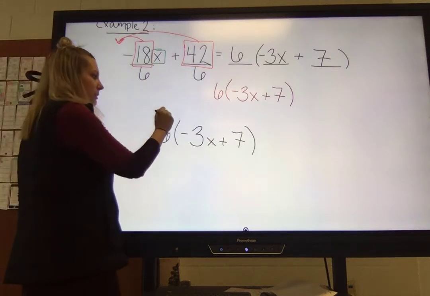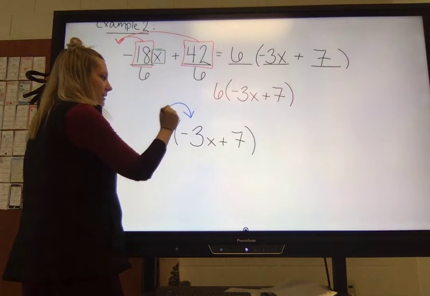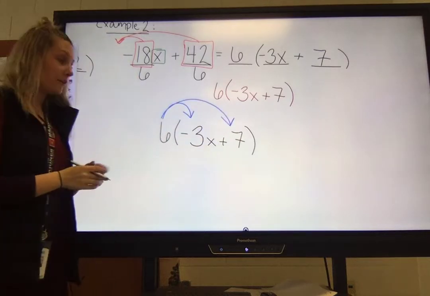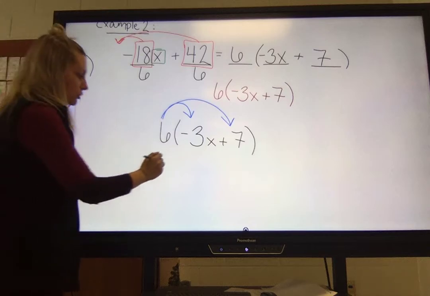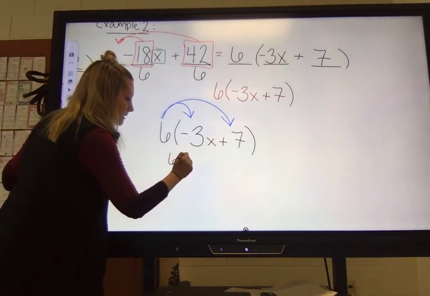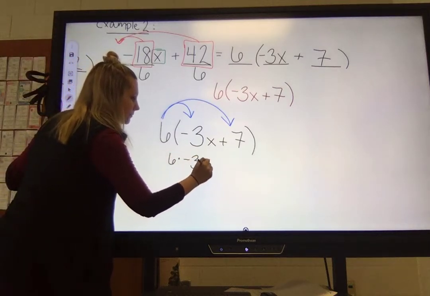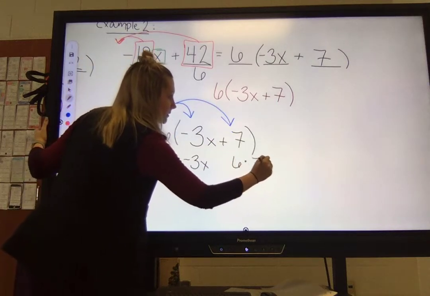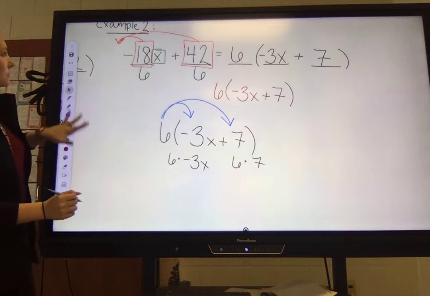So just like we've been doing, I'm going to distribute the 6 to everything on the inside, so I'm really just multiplying it all together by these numbers. So I got 6 times negative 3x and 6 times 7.